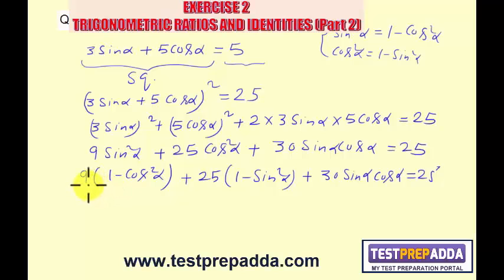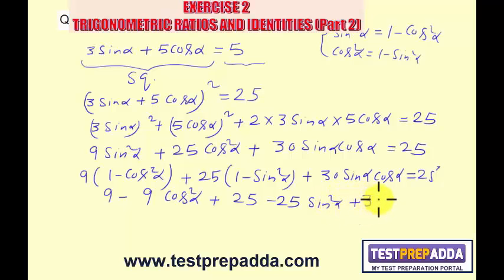Okay, now this will become 9 minus 9 cos square alpha plus 25 minus 25 sin square alpha plus 30 sin alpha cos alpha is equal to 25.